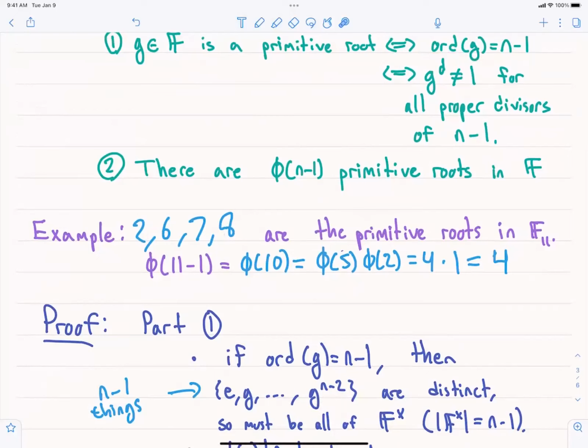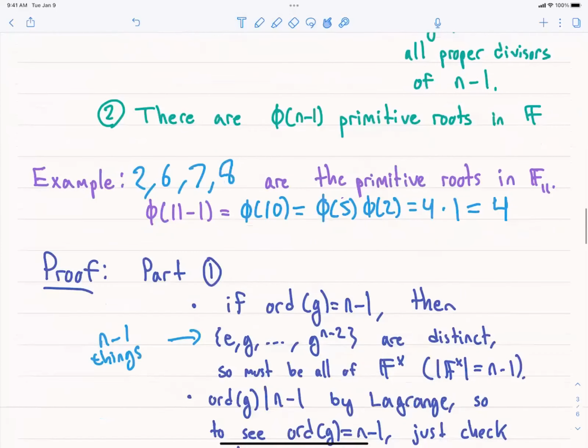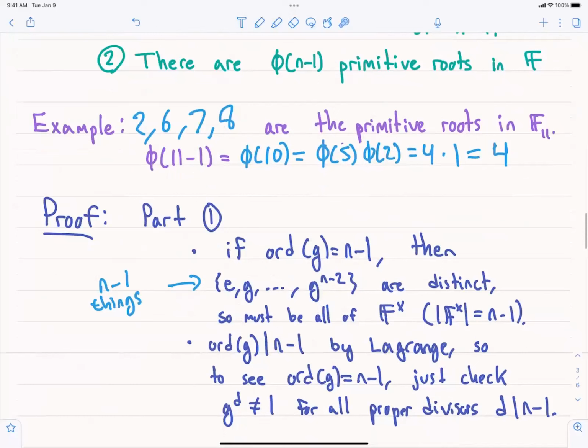Okay, and then to see that the statement that the order of g is n minus 1 is the same as saying that g to the d is not equal to 1 for all proper divisors of n minus 1, this really just is Lagrange's theorem. We know the order of g always divides n minus 1 by Lagrange. So if you want to see that it's equal to n minus 1, you just have to check that the order isn't any smaller. Since it divides n minus 1, the order has to be some divisor, but g to its order is equal to 1.